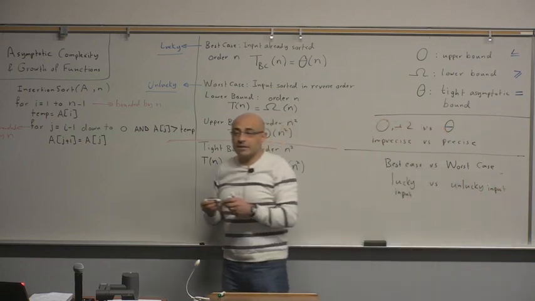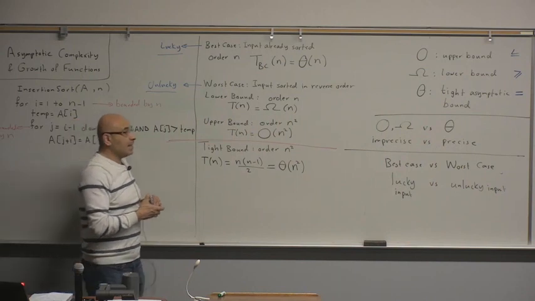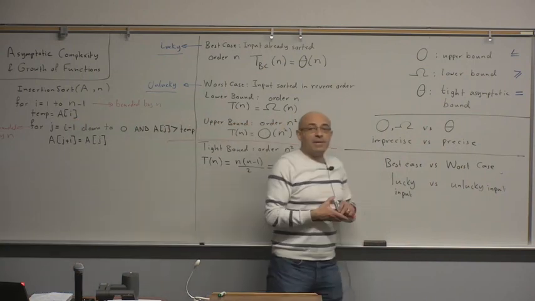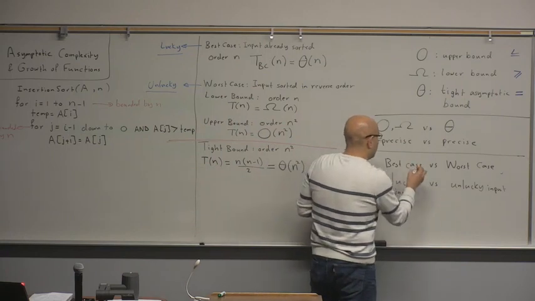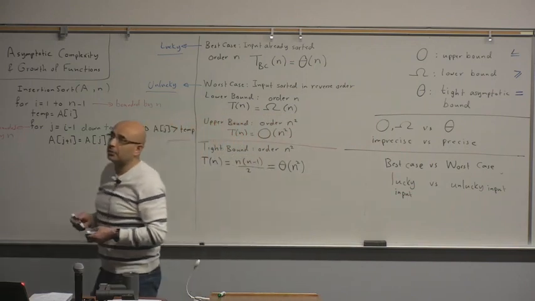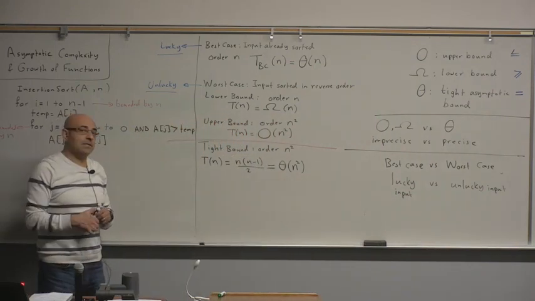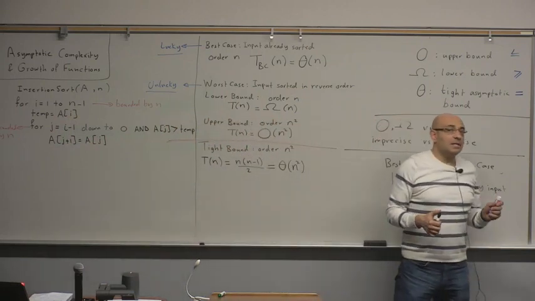Now another common mistake is to think that the best case performance of an algorithm happens when the input is small, or the input is an empty array or an empty list. No, this is not true.